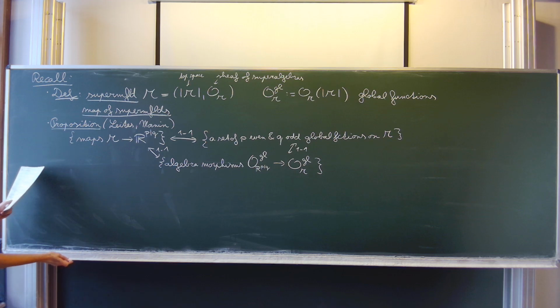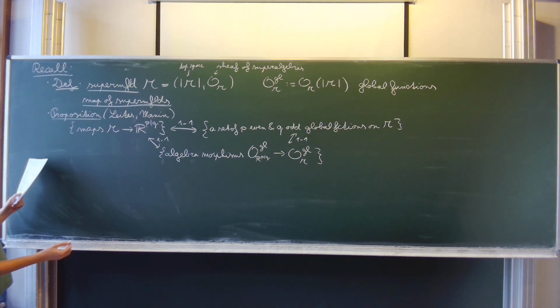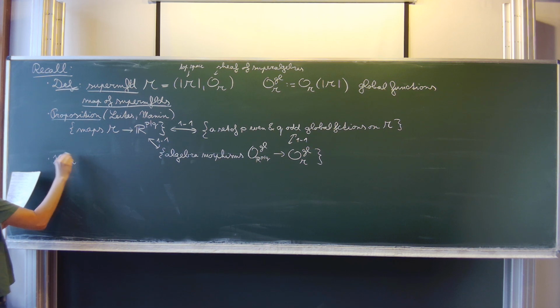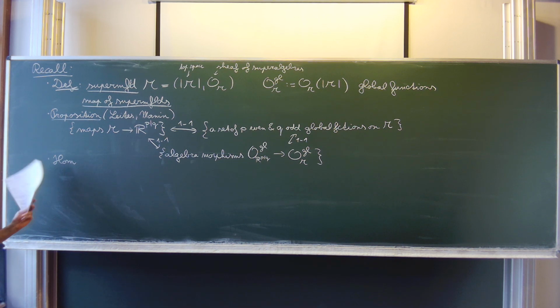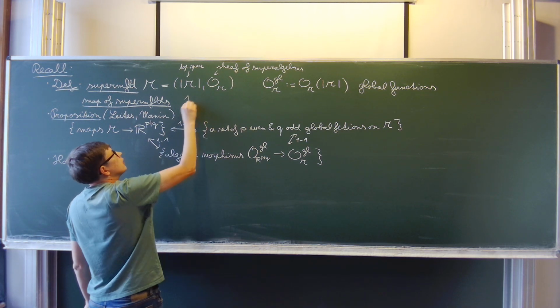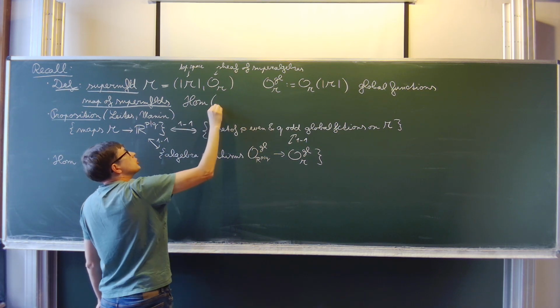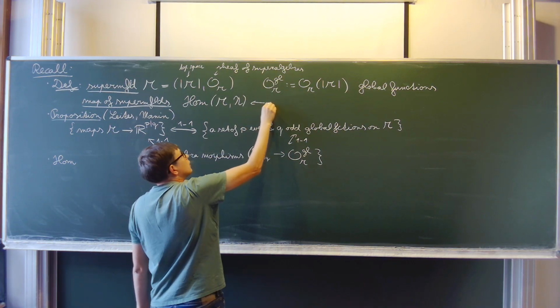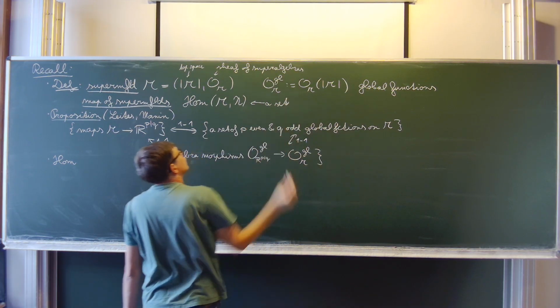Okay, and then what we did later is that we talked about internal homes. So we said that instead of talking about homes, so these maps of supermanifolds, these assemble into this set, a set of maps.